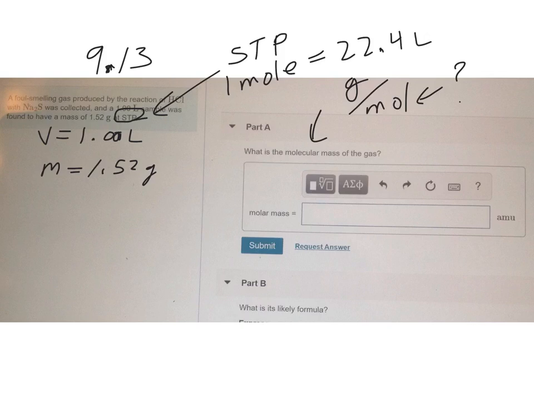So, if I have 1.52 grams for 1 liter, I want to get rid of liters, so I place them where they cancel out.